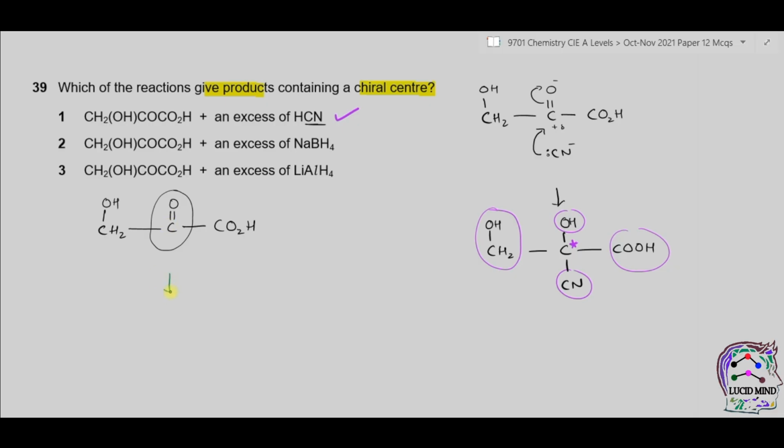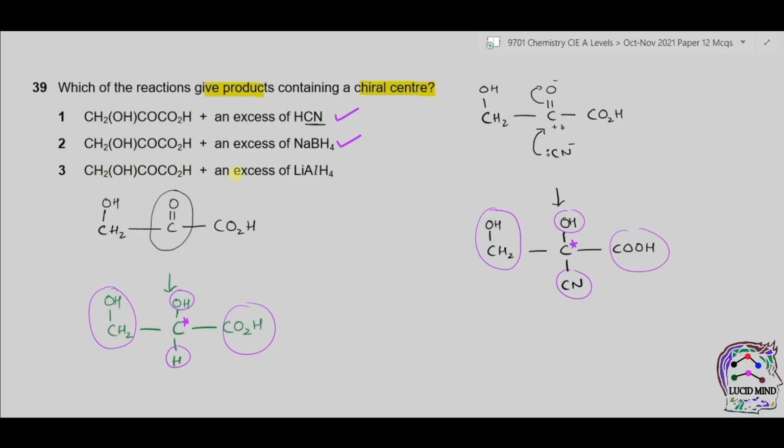The product will be like this. Again we can see that with this carbon we have 4 different groups attached. So therefore the product is chiral.